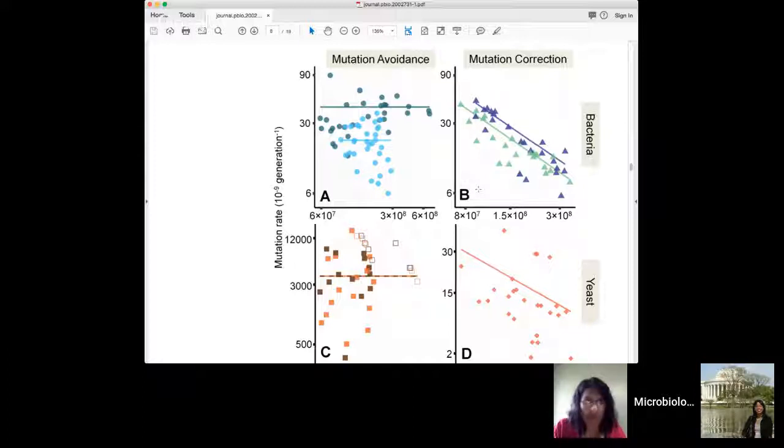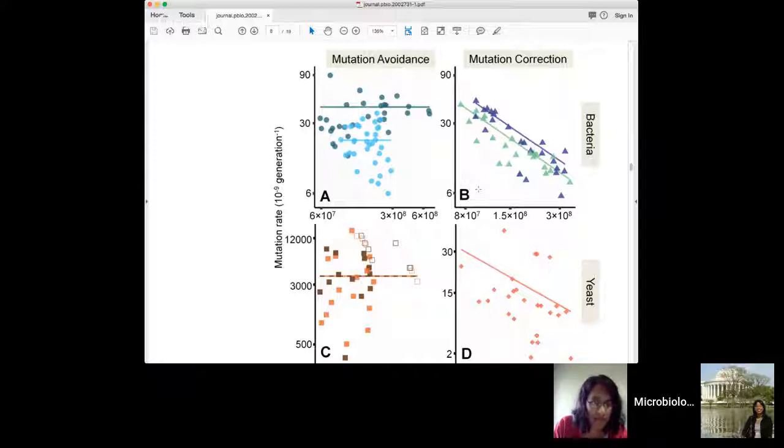So mutation avoidance means this mutagenic nucleotide is in the free nucleotide pool. We've got a mechanism to actually remove it from the free nucleotide pool so that it doesn't get incorporated into the DNA and doesn't cause problems. And that's mutation avoidance.